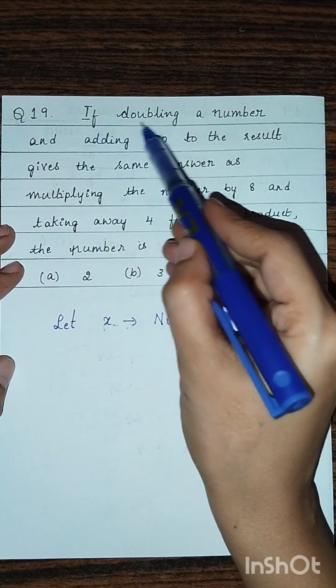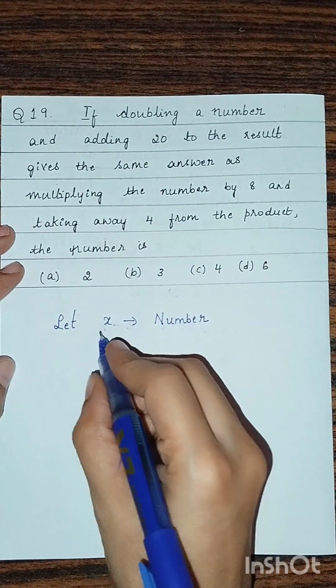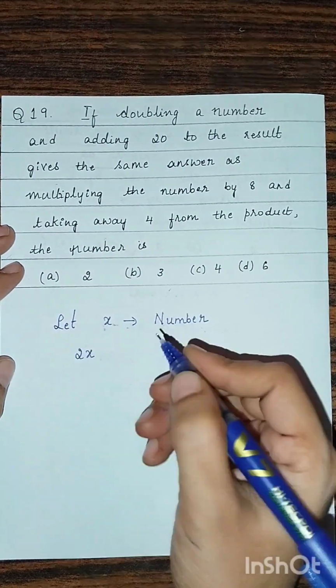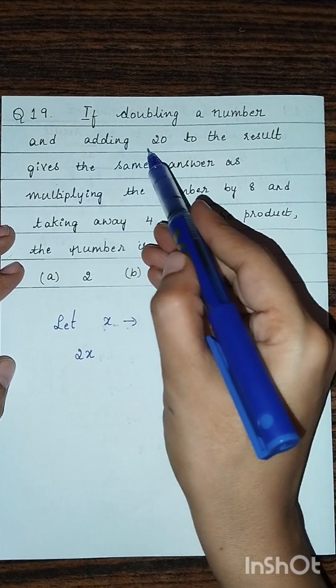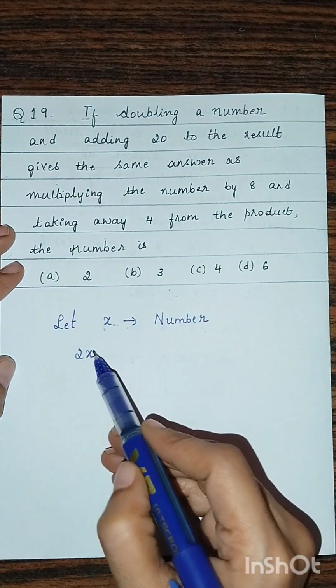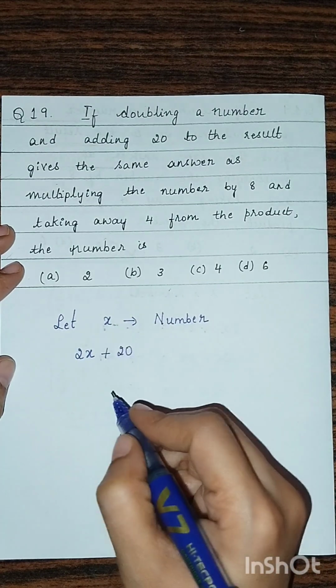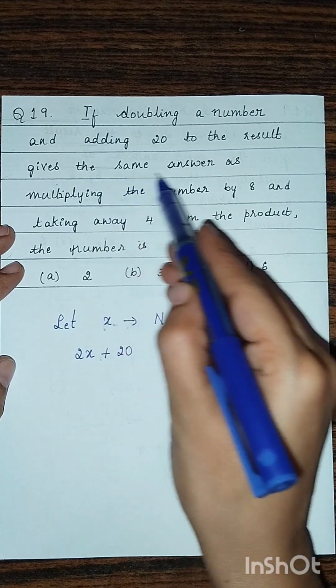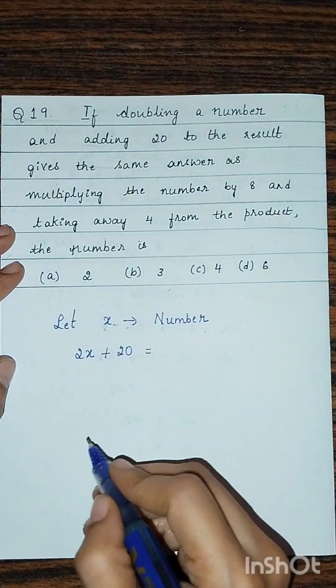So if doubling a number means we will multiply the number by 2. So doubling a number is 2x and adding 20 to the result. So this is the result. Adding 20 to the result gives the same answer as, means we will write the symbol equal.